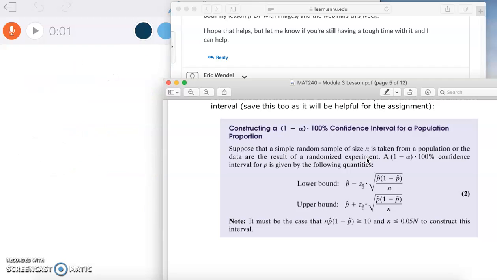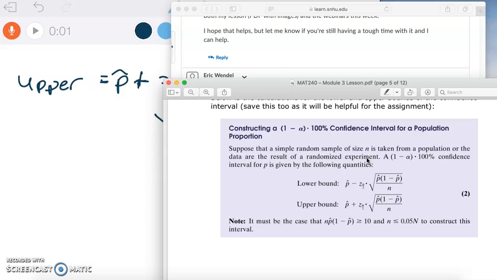Now let's go for the upper bound. It's going to be very similar. We're going to have p hat plus z alpha over 2 times the square root of p hat times 1 minus p hat all over n. When you're doing these by hand, it's really helpful to just calculate this part right here, because then you can just add and subtract it. You don't have to redo this every time.